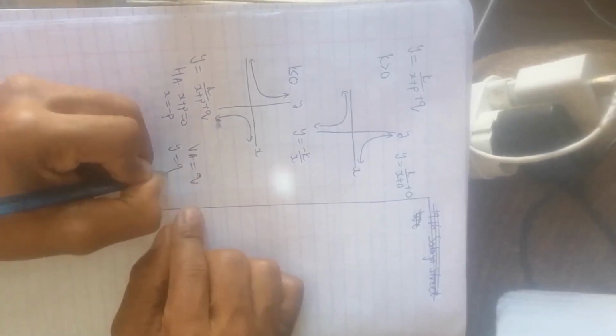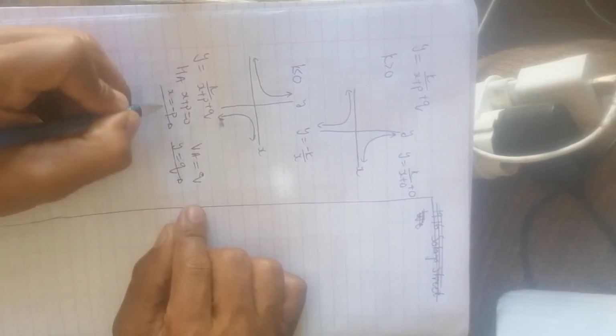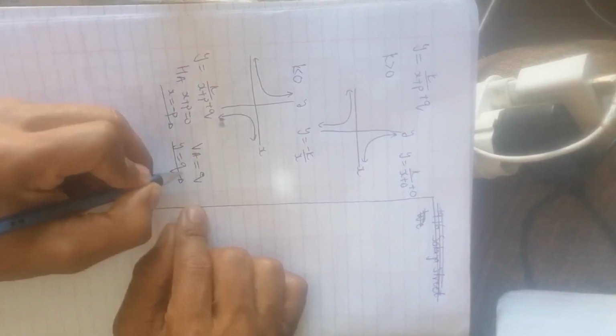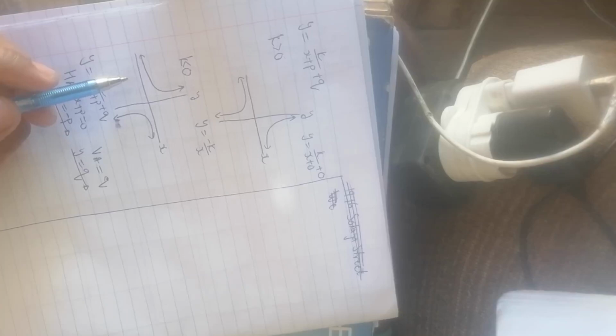So your y is equal to q. So this is your vertical asymptote and this is your horizontal asymptote. Okay, that is fine.